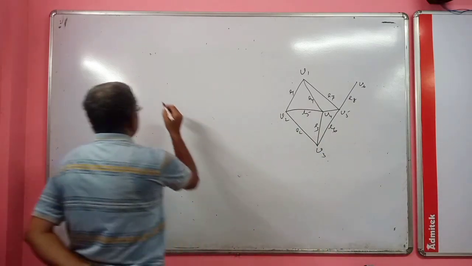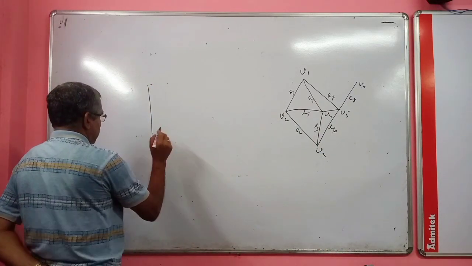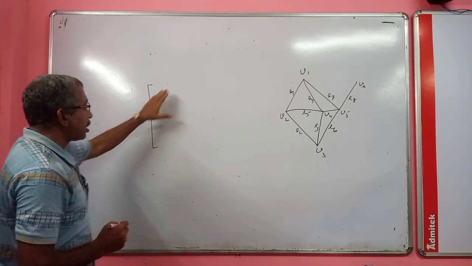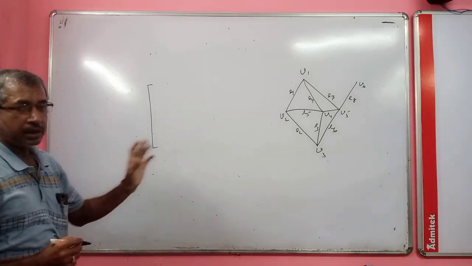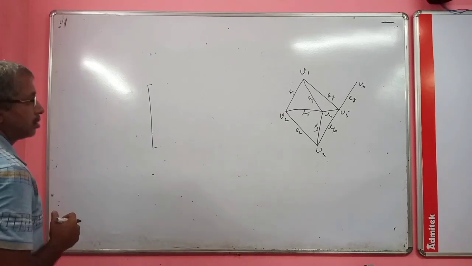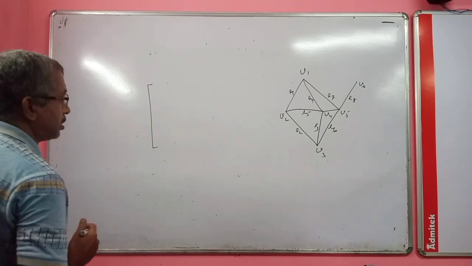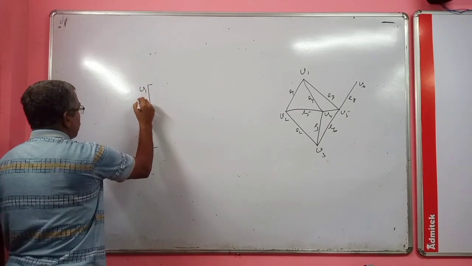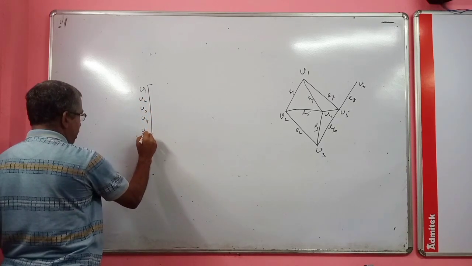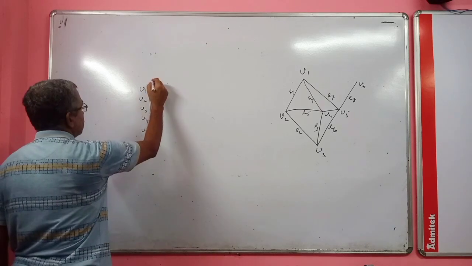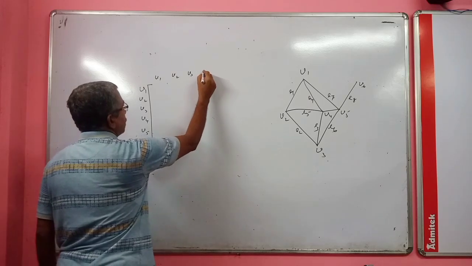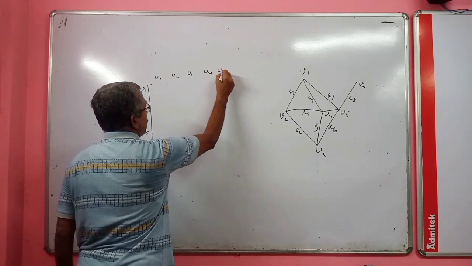Now the matrix is such that the total number of rows and total number of columns is equal to the number of vertices. How many vertices are there? 6 vertices: V1, V2, V3, V4, V5 and V6.